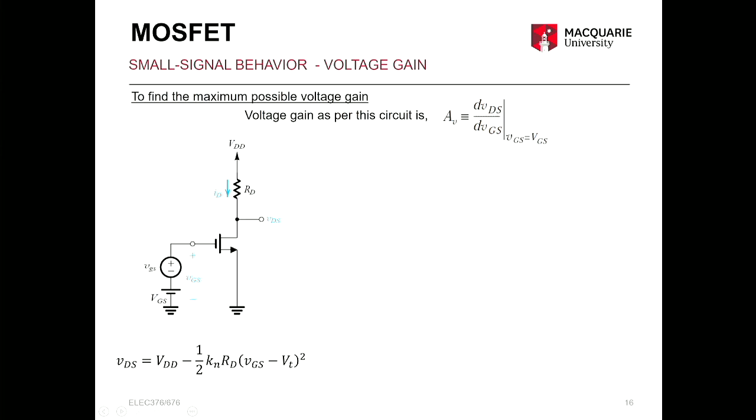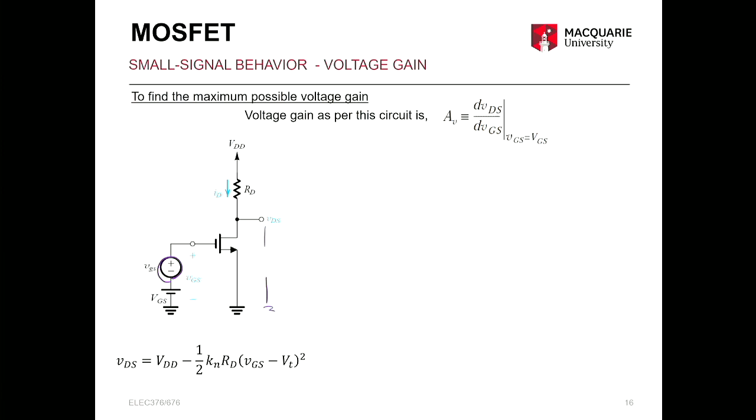Okay, so we use MOSFETs for voltage amplification. So let us see what is the maximum possible voltage gain that we can get from a MOSFET common source amplifier configuration here. So we know the input is VGS here, and the output we take is across drain and source. So output is VDS.